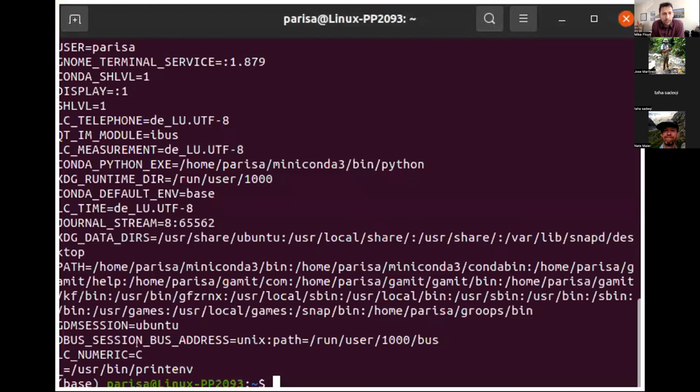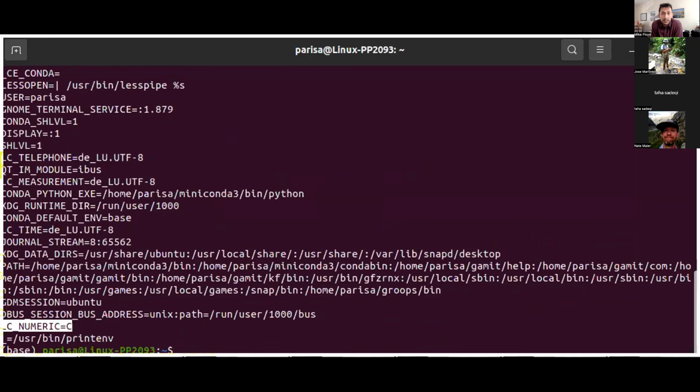Okay, great. Yep, that's set now. So basically what that environment variable does is set any numerical values to use the C convention, like the programming language C. So rather than using a language convention, it's actually going to use a numerical computing convention for any numbers. And that should help solve this issue.